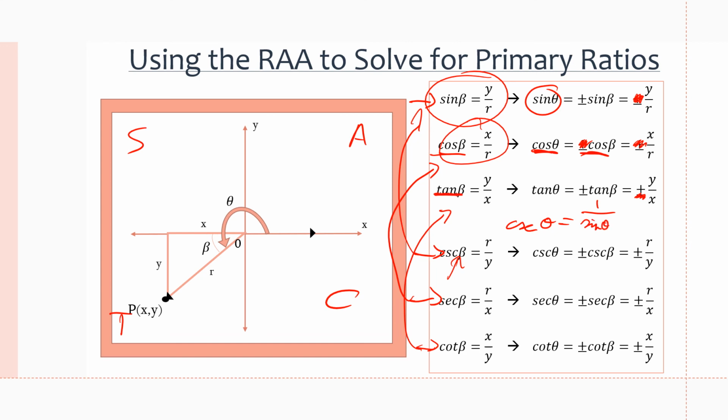Substituting sine of theta in, we get 1 over negative y over r, which is the same as r over negative y. It is the reciprocal, but we keep the negative sign. So the sign of our reciprocal ratio will be the sign of our primary ratio. We're just flipping the numerator and denominator, but the signs don't change.